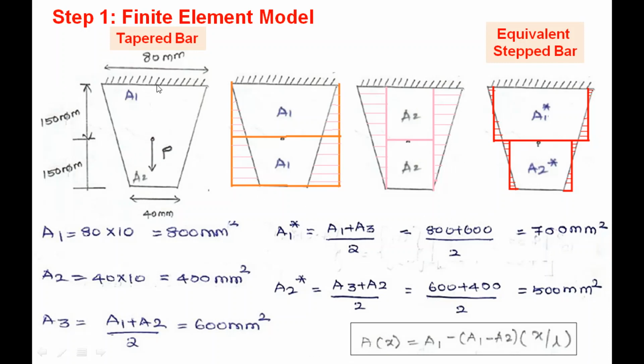Now, when you make this tapered bar into a finite element model, the line element we use is of uniform cross section.